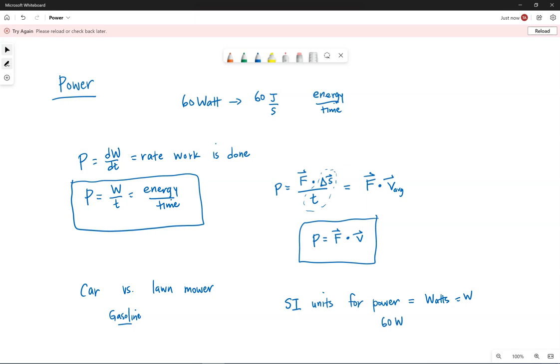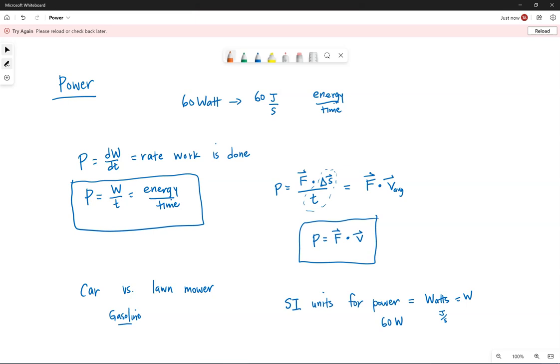The W after the number stands for watts, which means joule per second. W as the start of an equation or representing a variable means work as opposed to watts.